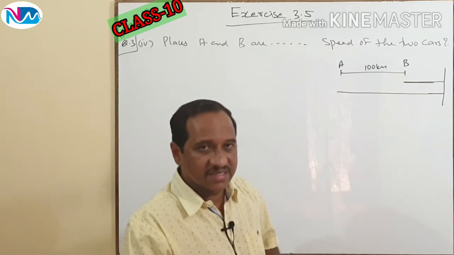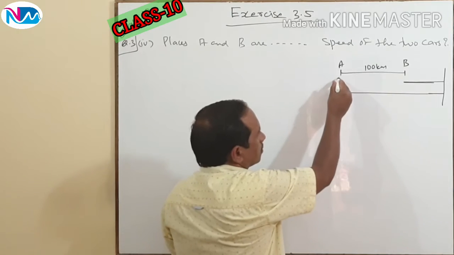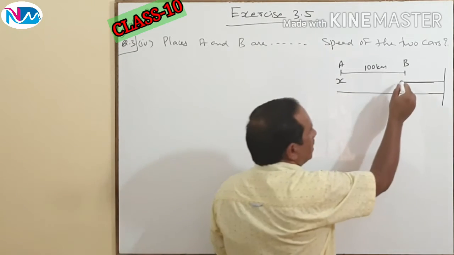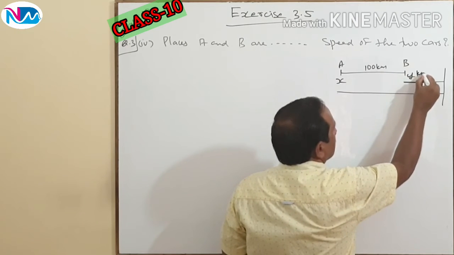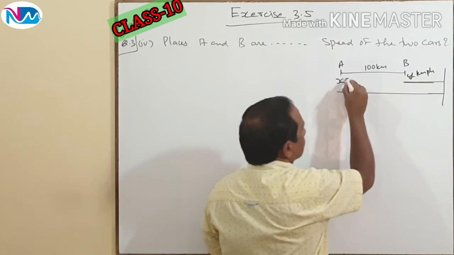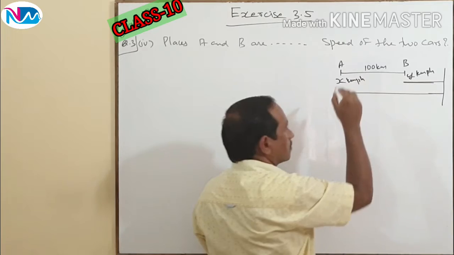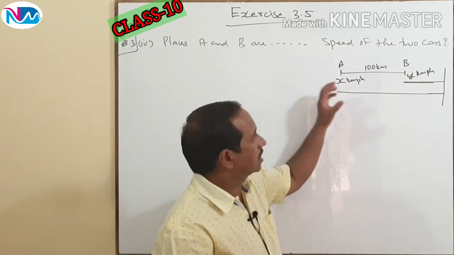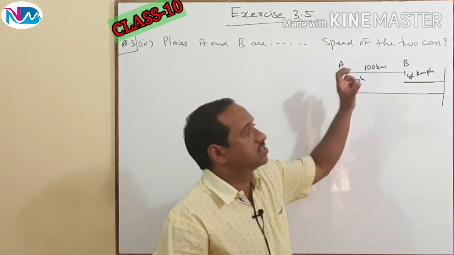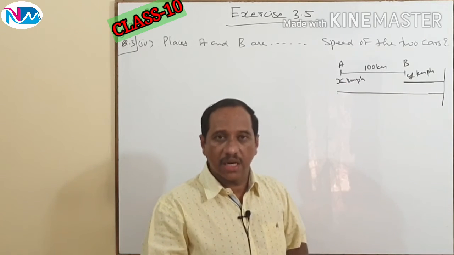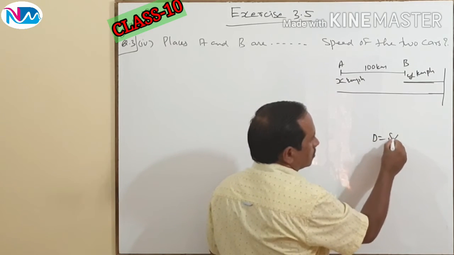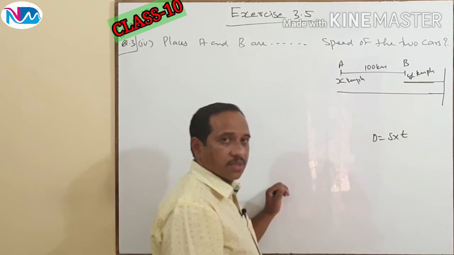Here we are going to assume the speed of the car from A is x and the speed of the car from B is y kilometer per hour. Here the time of journey by the car from place A as well as from place B is 5 hours. You know that distance is equal to speed into time.